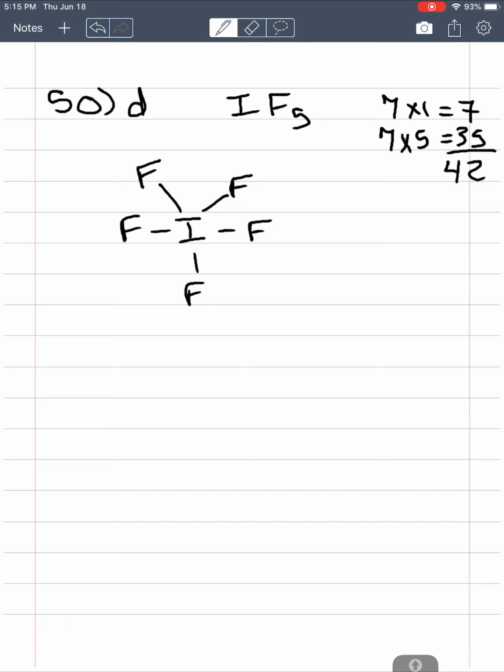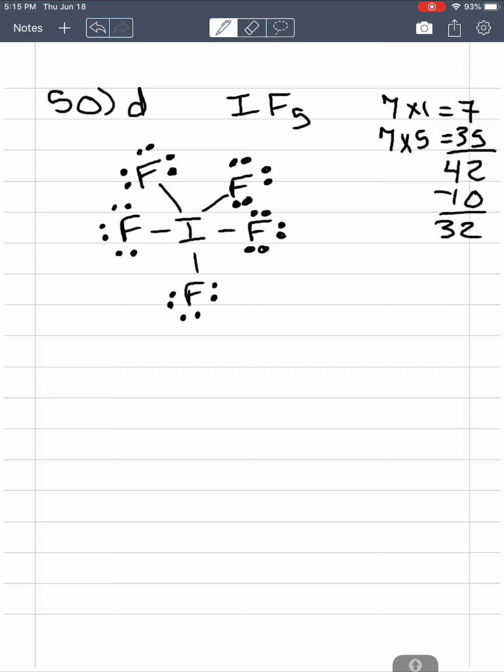All right, this was what, 42? Now we have used 10, which will leave us 32. So we're going to put 6 electrons on each of the fluorine.